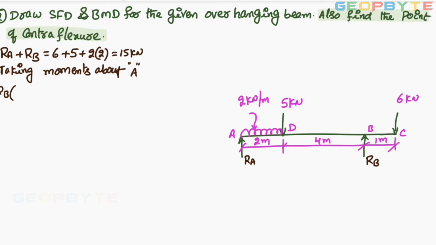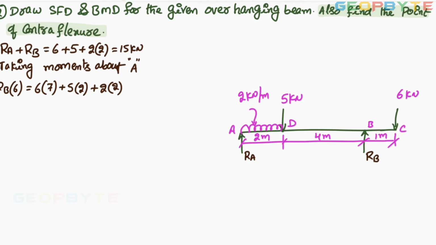RB into the distance from A, 6, must be equal to the clockwise moments developed due to the loads: 6 into the distance from A, 7, this is one moment, plus 5 into 2, another moment due to the point load, plus the UDL effect. 2 into 2 gives the point load, assumed to act at the middle of the UDL portion, and from that middle point up to A the distance is 11.